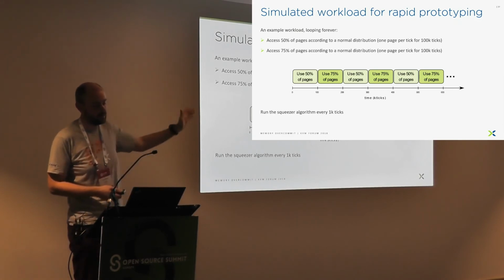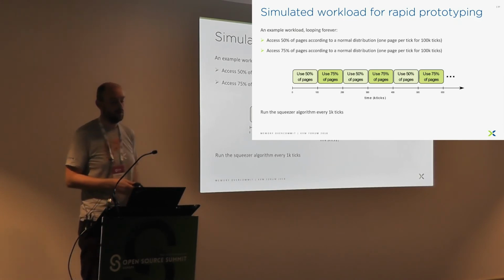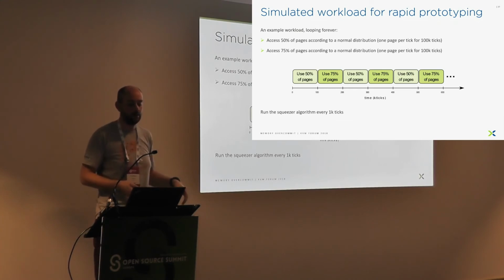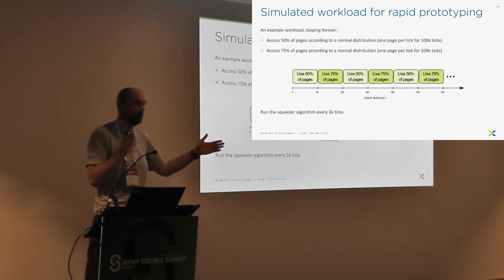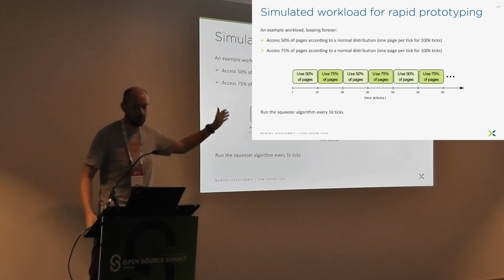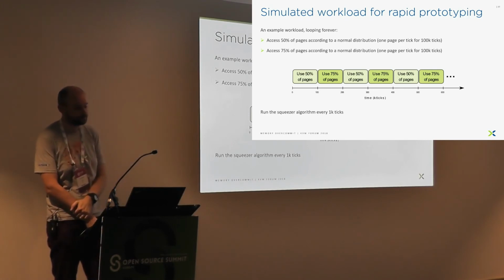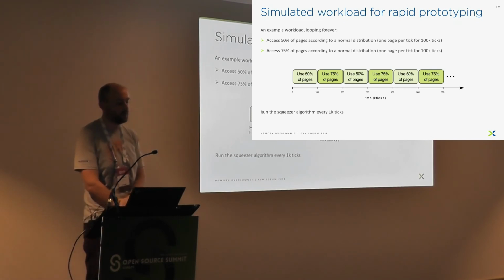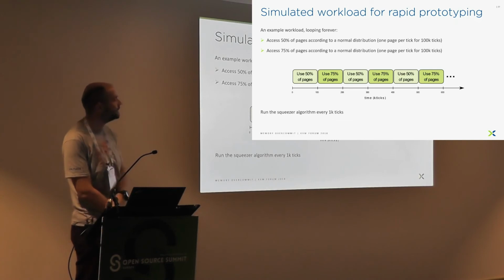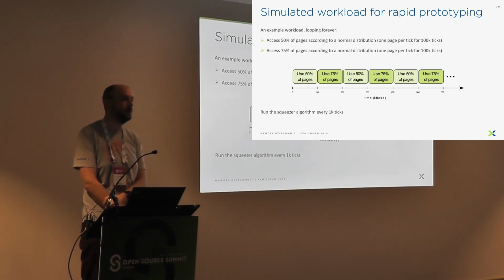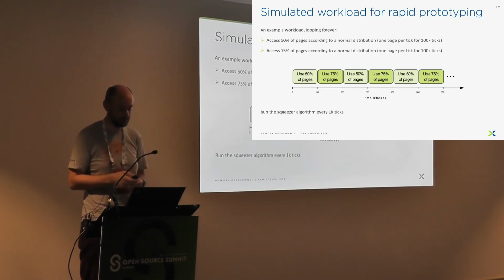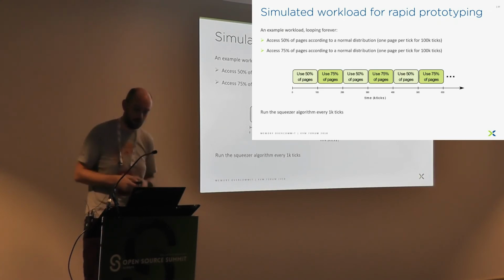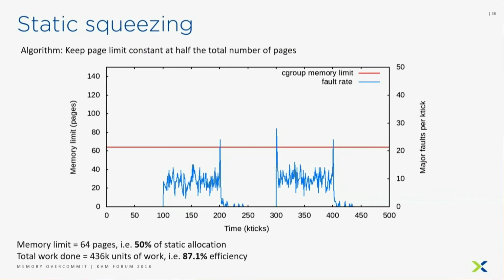It's an alternating pattern of accessing using this normal distribution model, first by only using 50% of the pages, and then using 75%, alternating every 100,000 simulator ticks. And we're going to run the squeezer algorithm every 1,000 ticks. So what that does is that gives the squeezer a chance to change the cgroup memory limit once every 1,000 ticks. So, what does the simulator show for that workload?